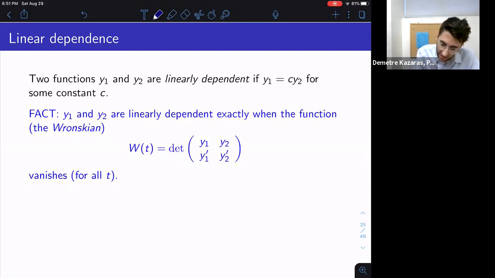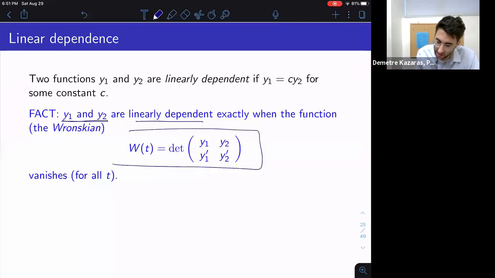Okay, so here is the fact and definition. Two functions are linearly dependent, that's the bad one, where one is just a multiple of the other, exactly when this quantity, the Wronskian of the two functions, which is the determinant of this matrix, where you have y1 and y2 as the top row, and then their derivatives as the bottom row, vanishes.